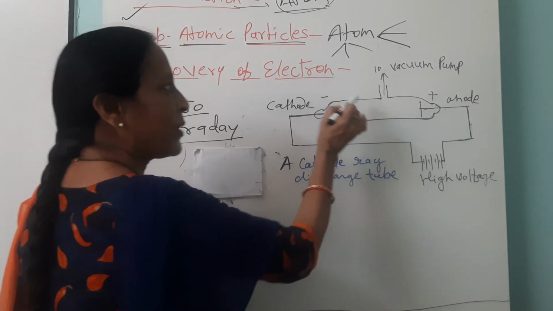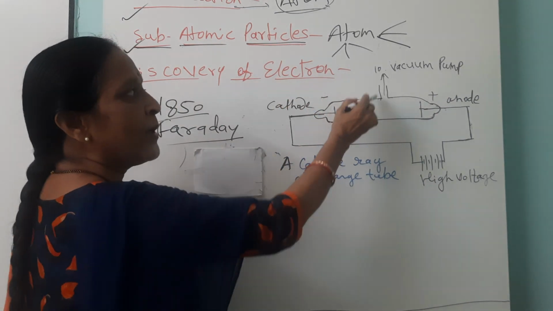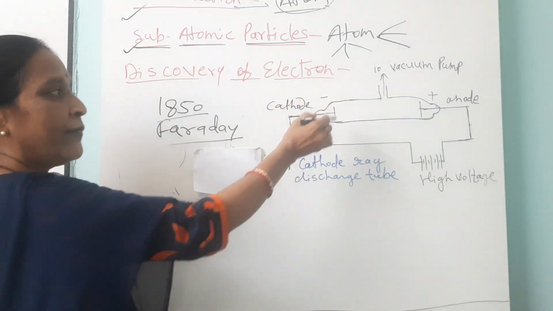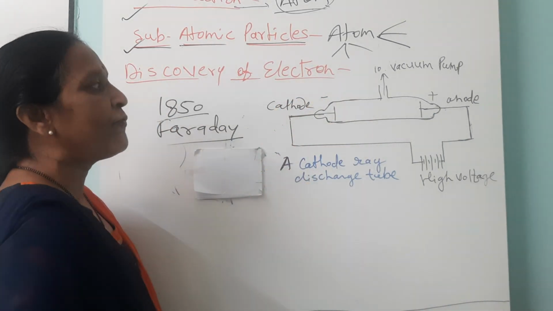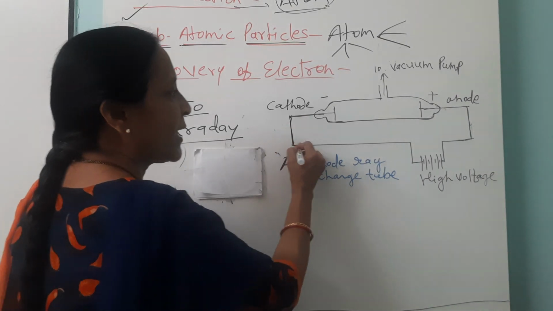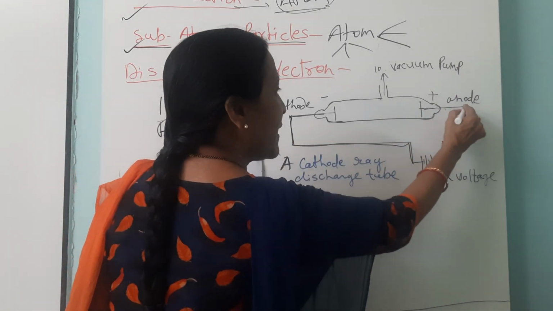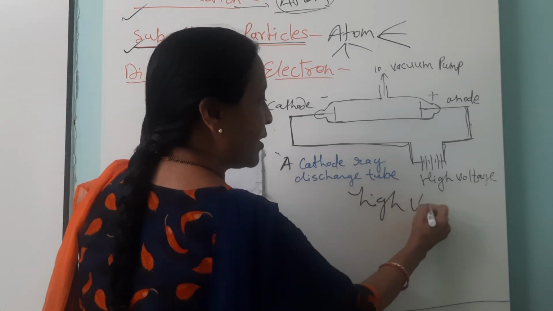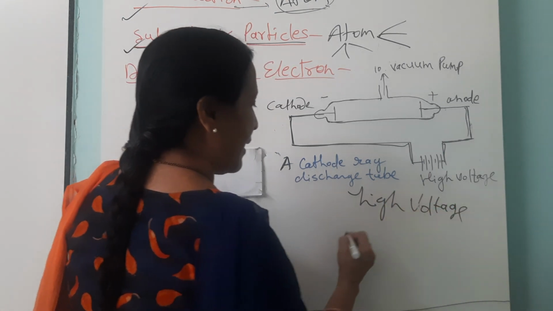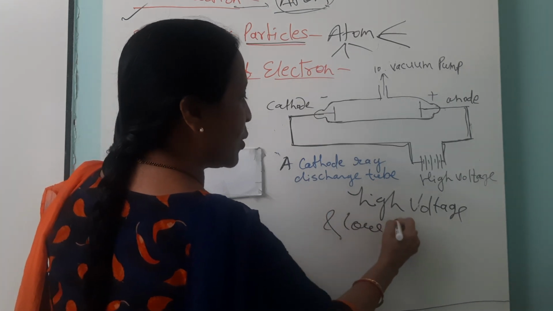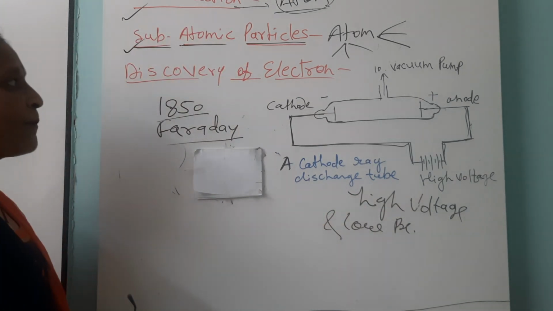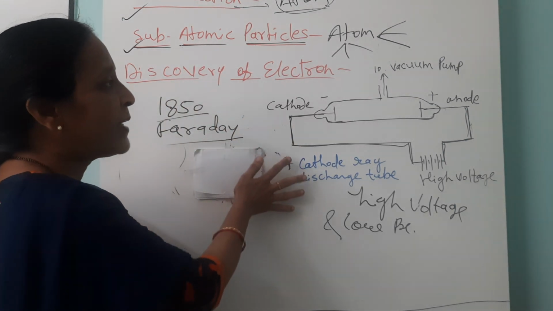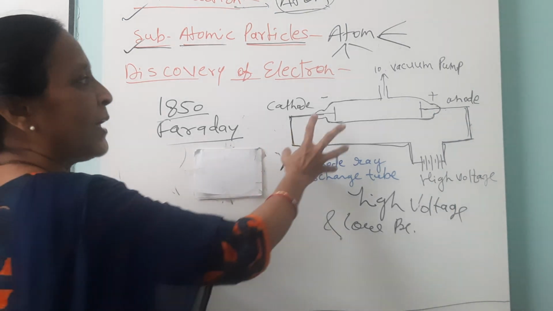In this discharge tube, a vacuum is created, so the pressure is low, and high voltage is passed.